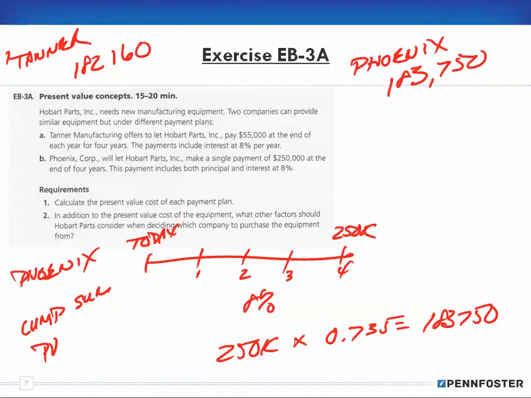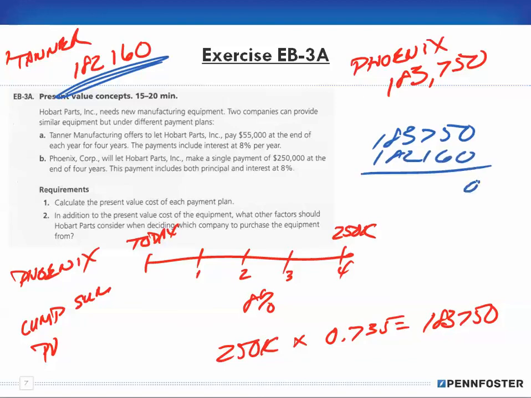So the question is, if Hobart needs new manufacturing equipment, which company are they going to buy it from? Well, on the surface, you're going to say, oh yeah, I'm going to buy it from Tanner because it's less expensive. Let's see, 183 minus 182, 160, 0, 9 from 6 is 5.